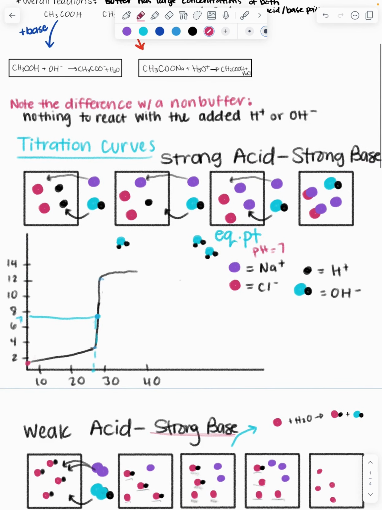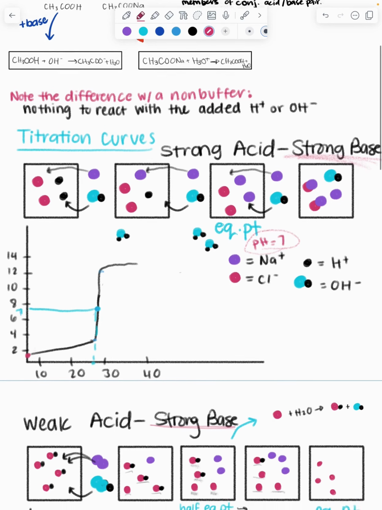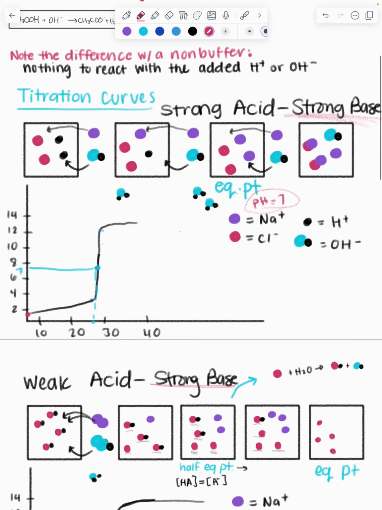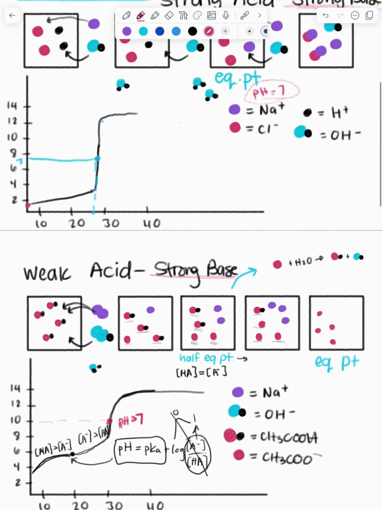Because if I looked at the titration above, I had a strong base that I was titrating with, but the pH was 7 at the equivalence point. So it's not about the thing that you're using to titrate. It's this reaction that happens between the conjugate base and water in solution.